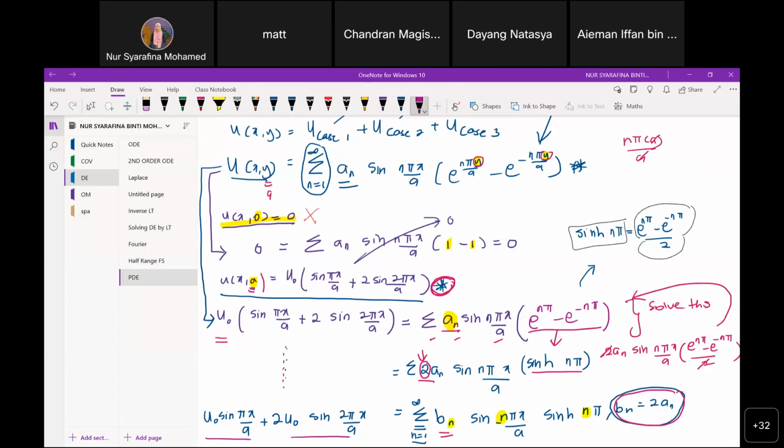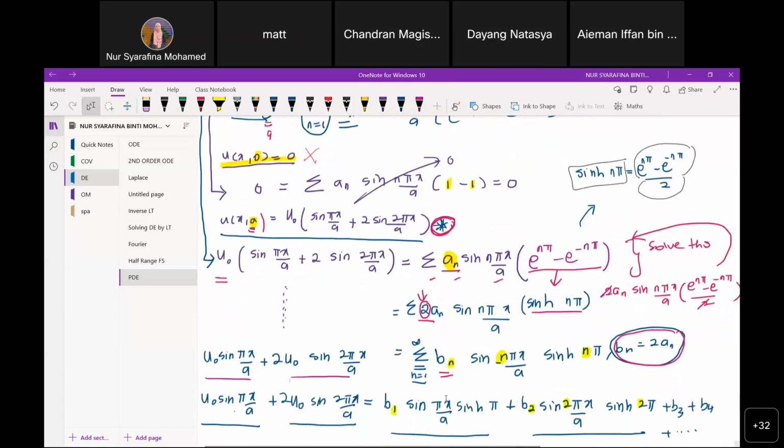So we don't want our expression of this summation to be up until infinity. Since the left-hand side only has two expressions, it is enough for you to expand the right expression up to only n equals to 2.